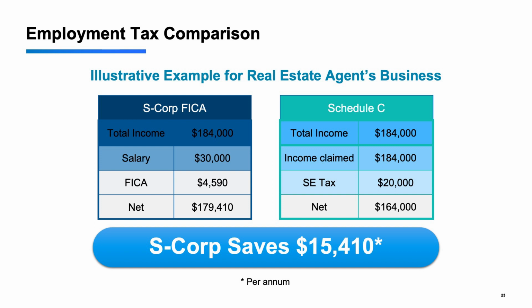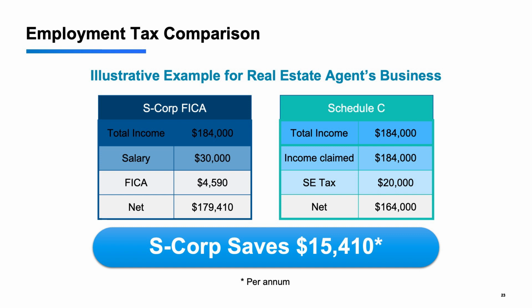Now, if we compare that to the S corporation, the same $184,000 gets reported. That's what the business earned. But here's where it gets interesting. Let's say that in that particular area, the reasonable compensation for a real estate agent is just $30,000. What we're doing is we're actually splitting that income between a salary of $30,000 and a profit distribution of $154,000.